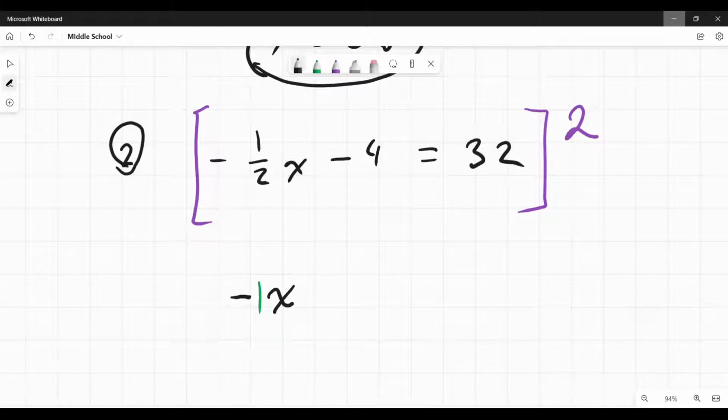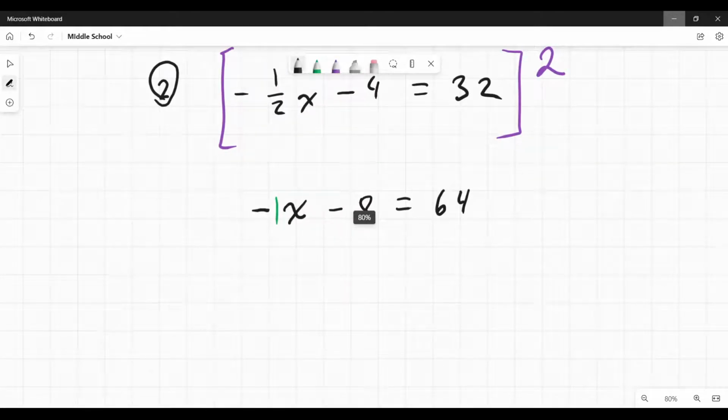So 2 times negative 4 is minus 8 equals 32 times 2, which is 64.